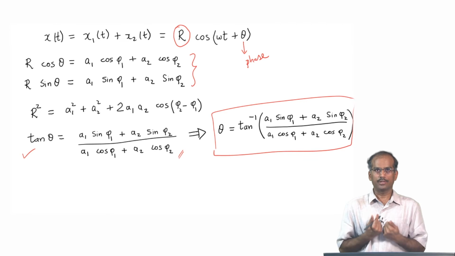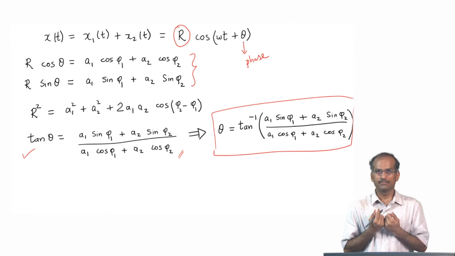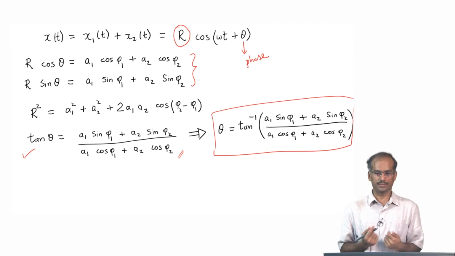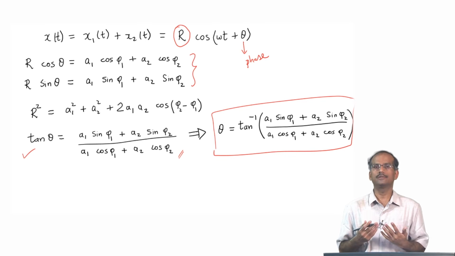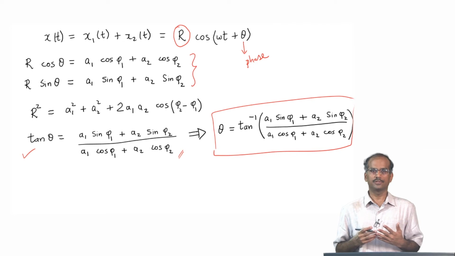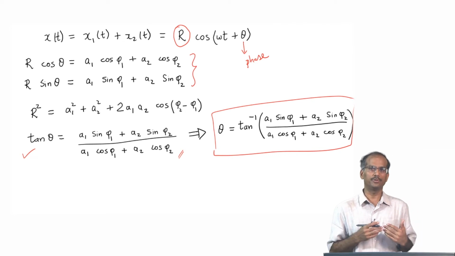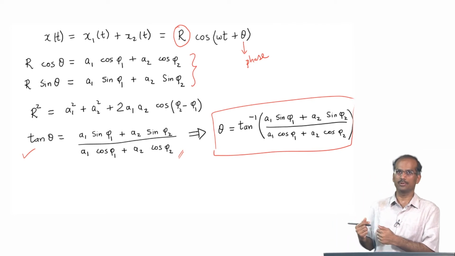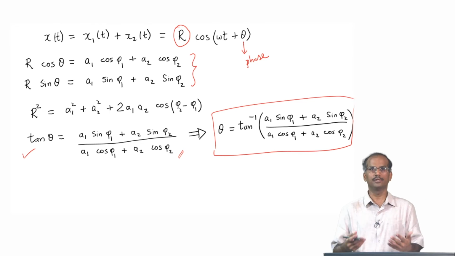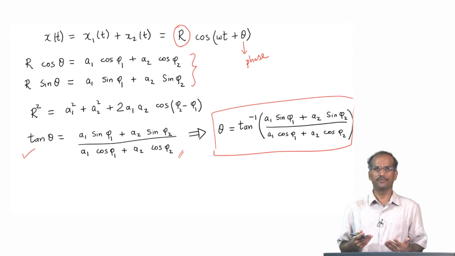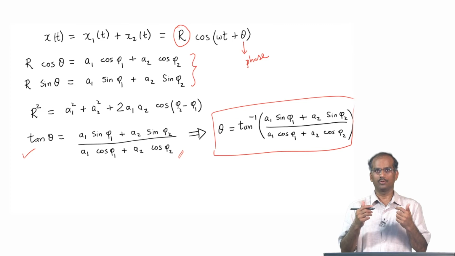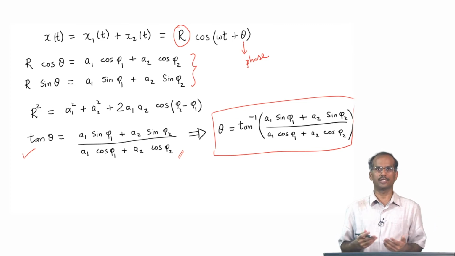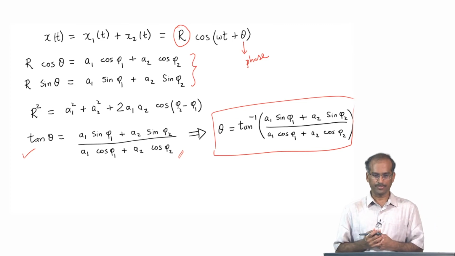So, when I put together two oscillations in the same dimension, all I get is another oscillatory solution. The only difference is that the amplitude and the phase of the new oscillation depend on the amplitudes and phases of the two oscillations which were combined together.